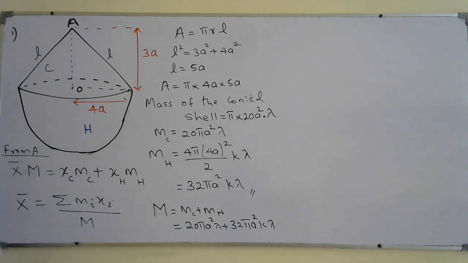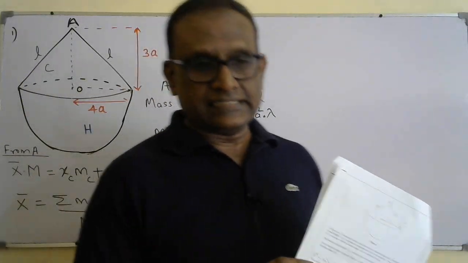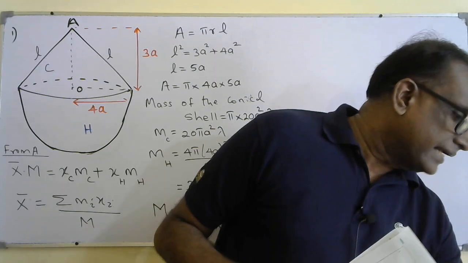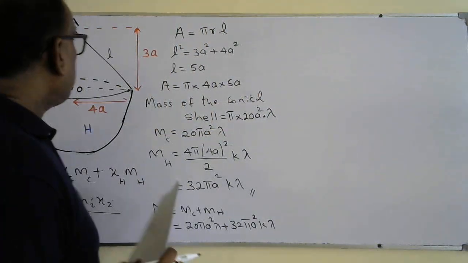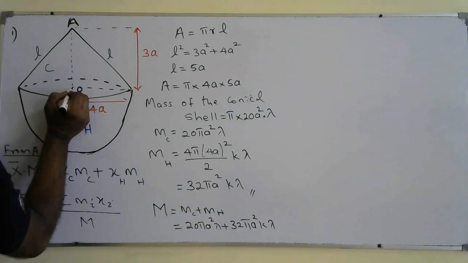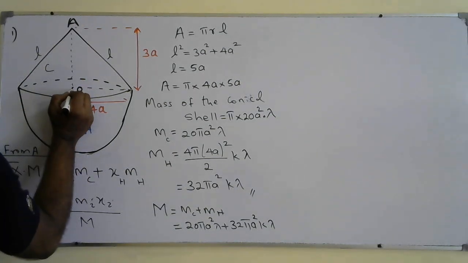Okay, so now I need to find the distances of the center of mass. The data book says the center of mass of the conical shell is at 1/3 of the height from the base.